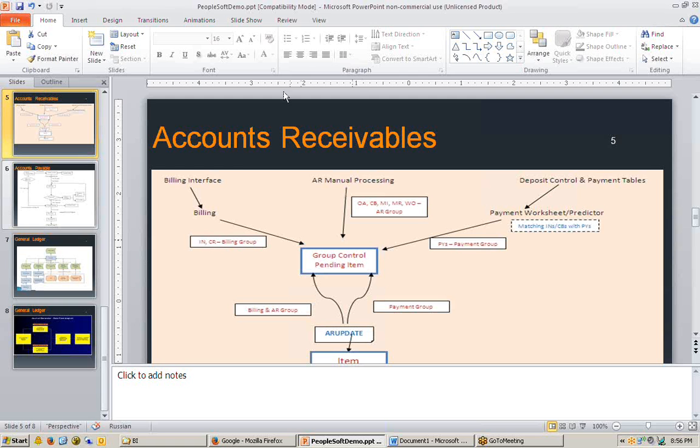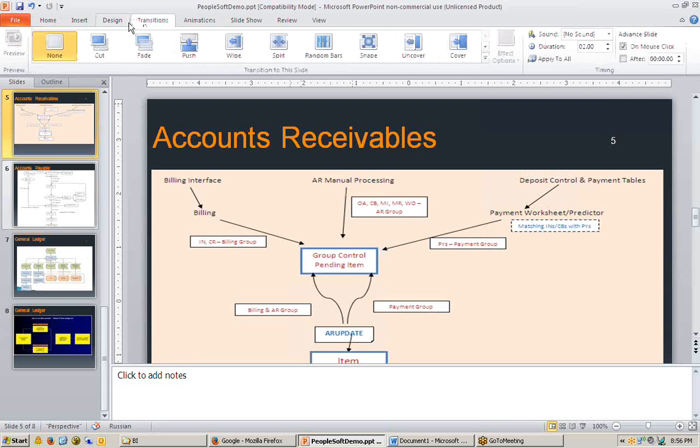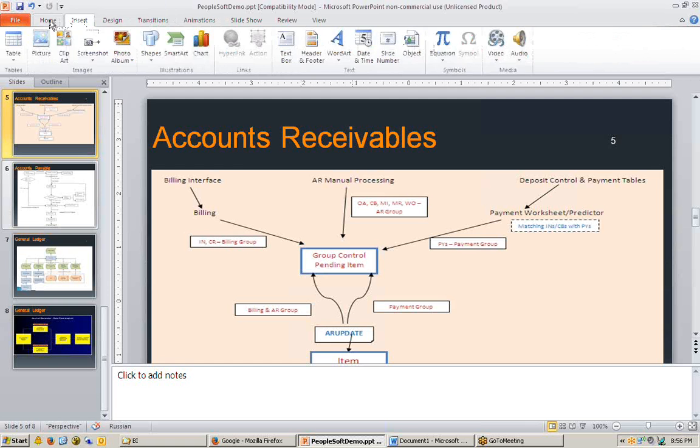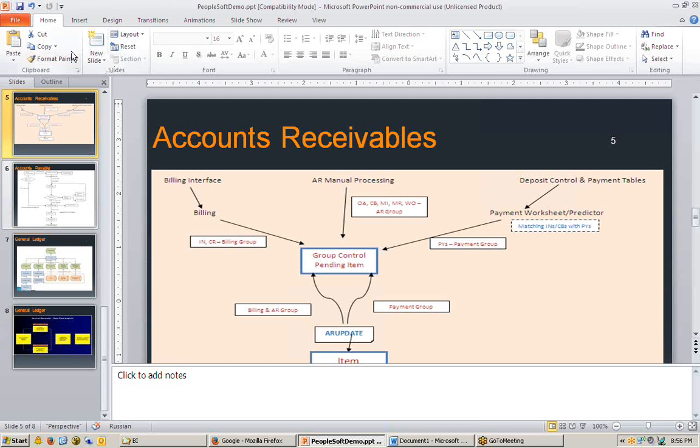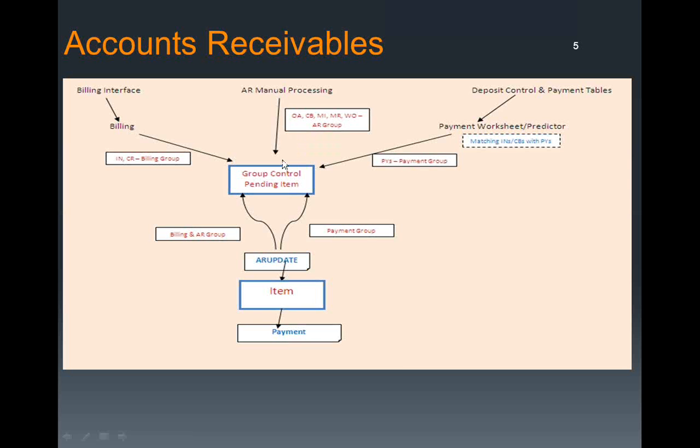So here if you see, the invoices will be coming from the billing. We are calling them the invoice and item. Do you know what is the difference between these two, invoice and item?